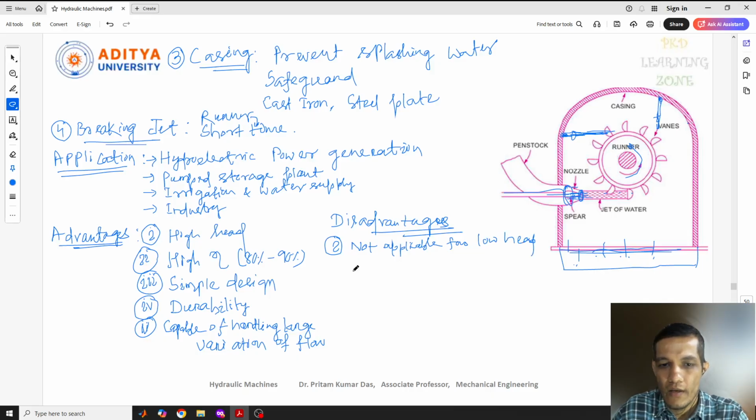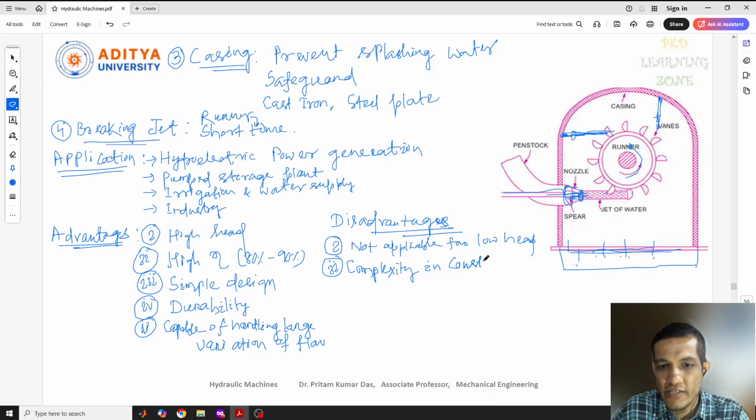Similarly, the second one: it is simple in design, but the construction of this power plant or turbine is difficult. So here we can write complexity in construction.